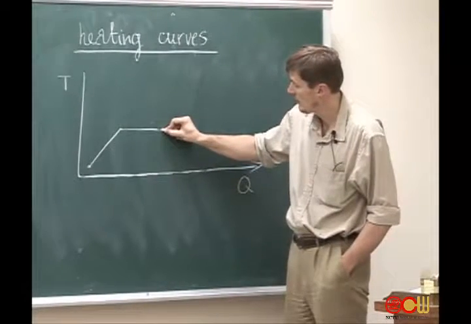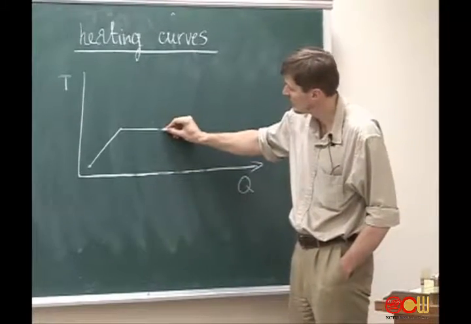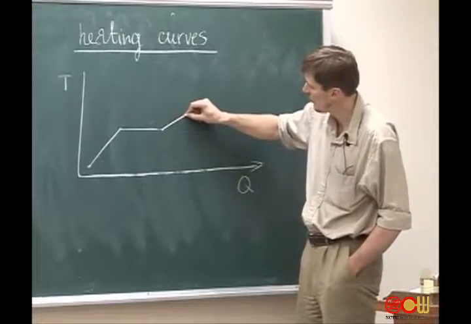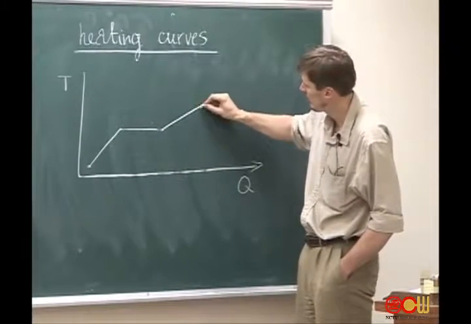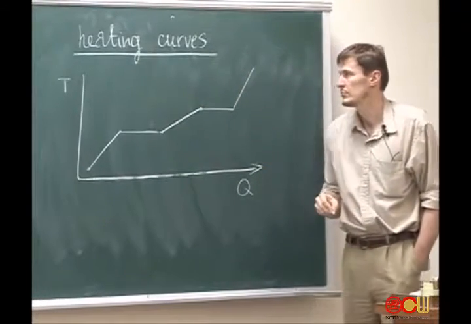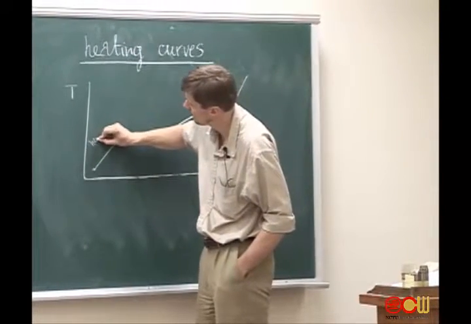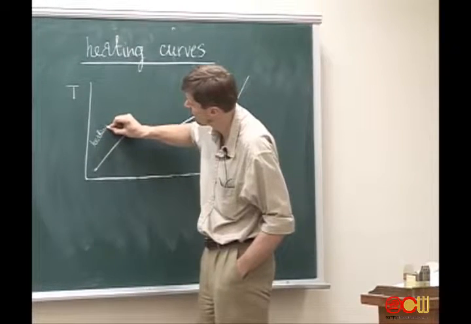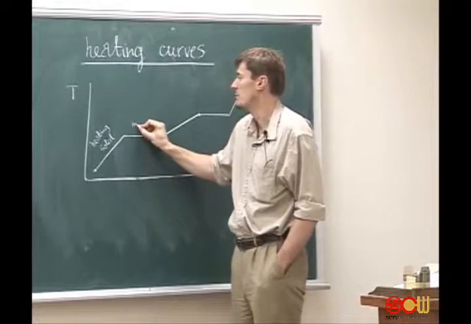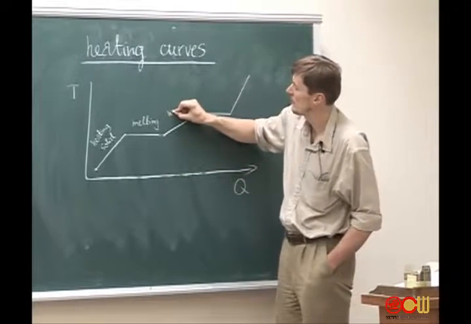And then again you are putting heat inside and the temperature starts growing again. And again you have a flat line, and again you have it like that. This is called a heating curve. Here you are heating solid. Here you are melting the solid. Here you are heating liquid.